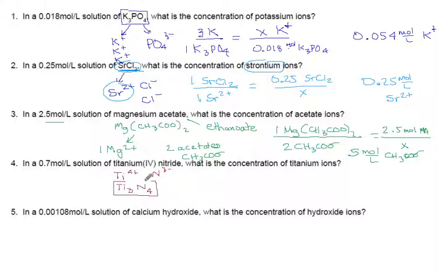And why do we care about that? Because when this dissolves, it's going to produce 3 titanium ions and 4 nitride ions. And today they are asking about the titanium ions. A single titanium nitride gives us 3 titanium ions.